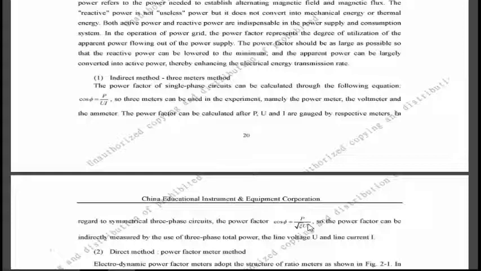The indirect method is a calculation. You get your power, voltage, and current, then you use cos theta equal to P over root 3 U I, and then you get your power factor.